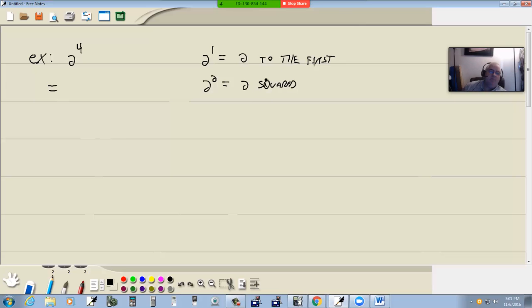Although you could say 2 to the 2nd power. Now if you get the 3rd power, that means 2 cubed, or 2 to the 3rd power. And then after that, it really goes back to 2 to the 4th power.